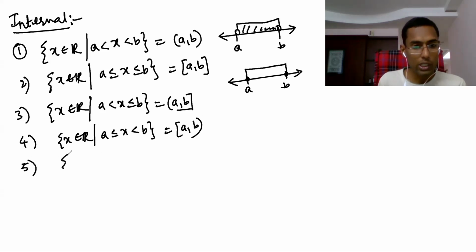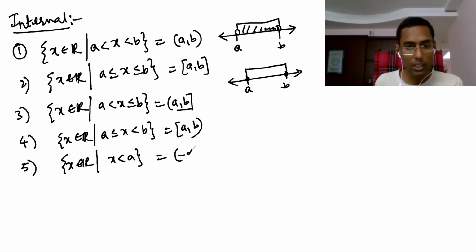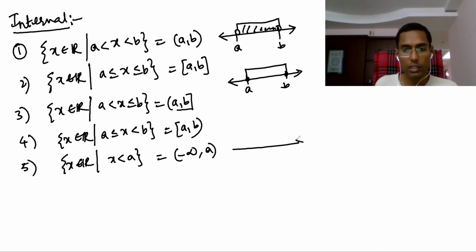Fifth: x is a real number such that x is less than a. Less than a means minus infinity to a, open, like this. Here this means left open, right closed, and this means left closed, right open.